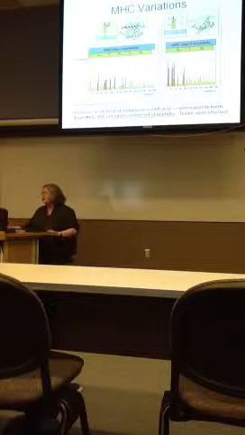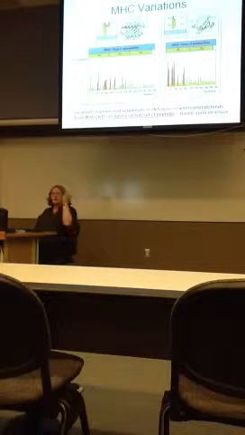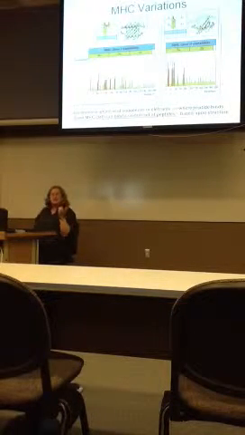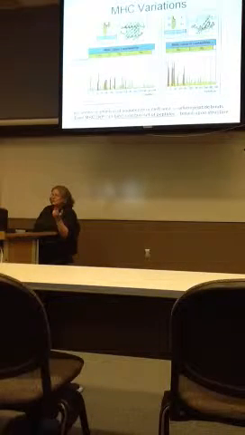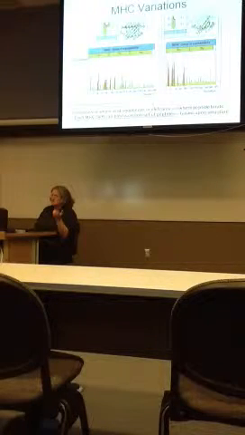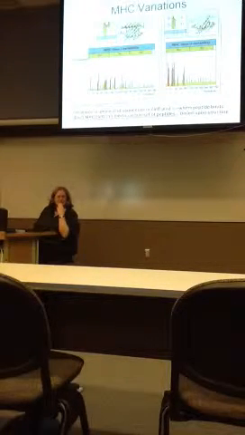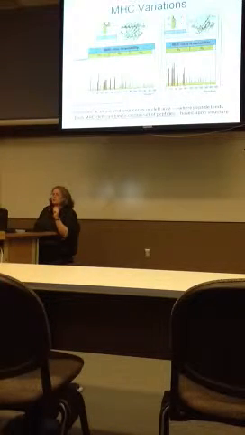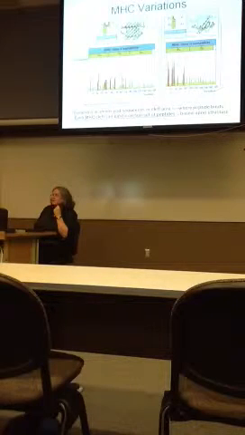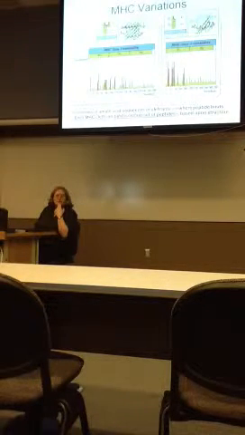So not every MHC1 can hold every endogenous peptide to which it's exposed. It will only bind a certain set. Does that make sense, I hope? You know, and there may be 2 or 3 that can bind to a certain MHC1 protein.